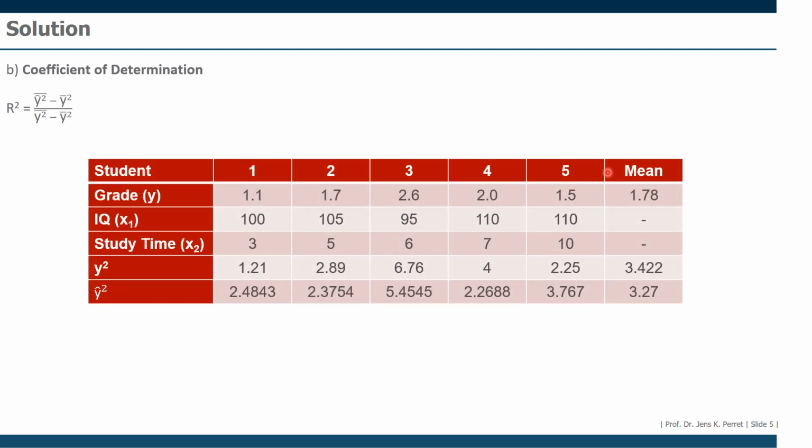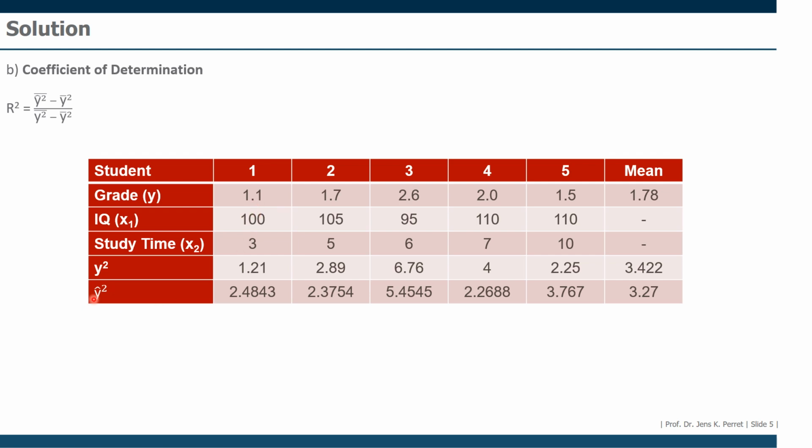So what we're going to do, we take the table as given, that's this part here, and we add two rows. The first row contains all the y values squared, and then we're calculating those values here, the y hat squared. So what is this? If I insert x1 and x2 into my regression line, the one I calculated on the slide before, I get an estimate for y.